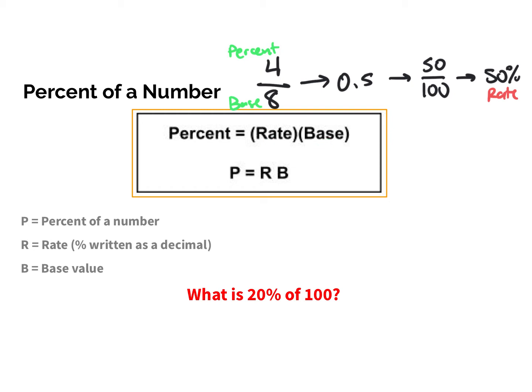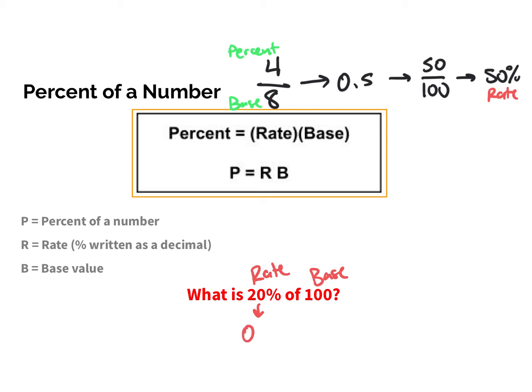So if I wanted to find, hey, what is 20% of 100? 20%, this would be considered my rate, and the 100 would be considered my base. If I want to find a percent of that, what I'm going to do is just take the 20%, which is my rate, and multiply it by the base. Now, just know, again, that when we work with percents in problems, what we need to do first is change that percentage to a decimal, or that rate, I should say.